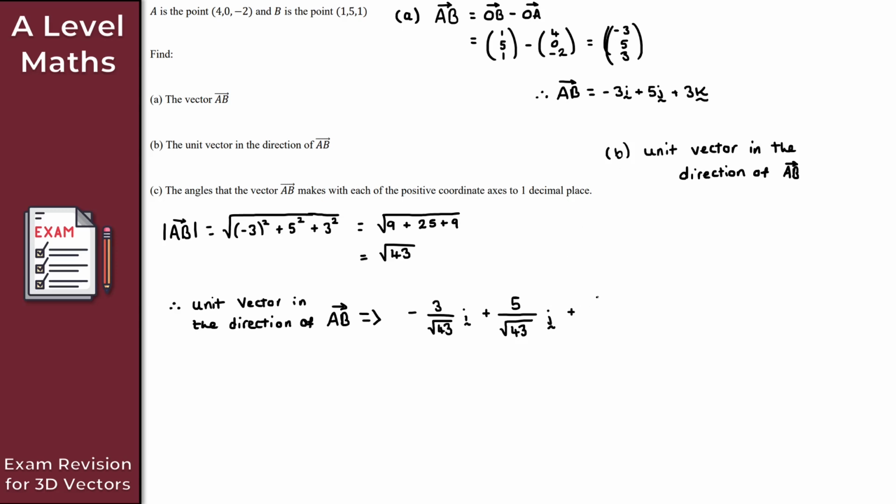So plus 3 all over root 43 there. Okay, like so. And there we have it. So this here then gives us the unit vector in the direction of the vector AB, giving us a solution to part B.